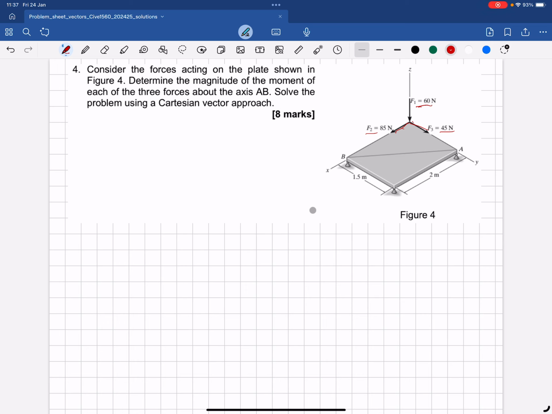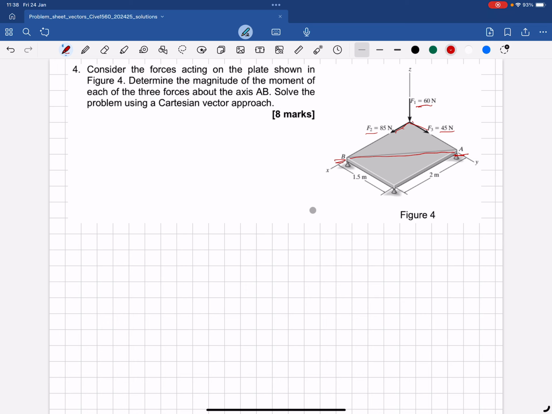F1, which is 60 newtons, and the plate is in the xy plane, and there are 2 points at 2 corners, A and B, and we want to calculate the moment of each force along that line AB. So there's a few things to do.